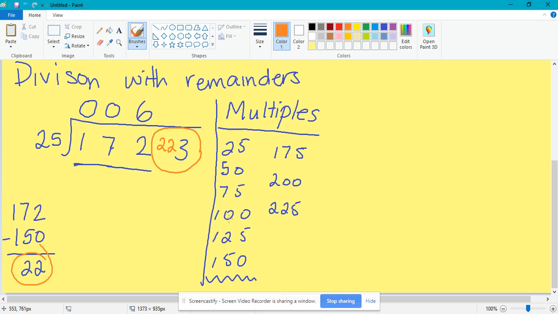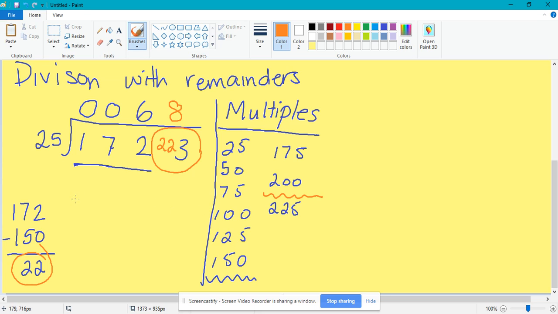Okay, so let's take a look here. 223 divided by 25. Well, we can't get to 225, so we know it's somewhere between 200 and 225. So the number of times that 25 goes into 223 is 1, 2, 3, 4, 5, 6, 7, 8. So up here we write 8.